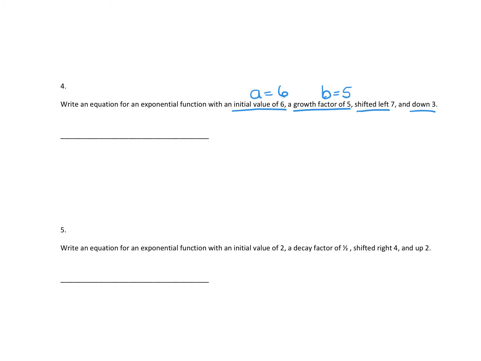All right, so let's look back at the transformation problem that we talked about when we were graphing, and talk about where each of these would go in it. So our a being 6, that's going to go in this first slot. Our b being 5, that's going to go in the b slot. Now, if it's shifted left 7, that's going to go in the h spot, and it's going to be plus 7 because left is always plus with the x.